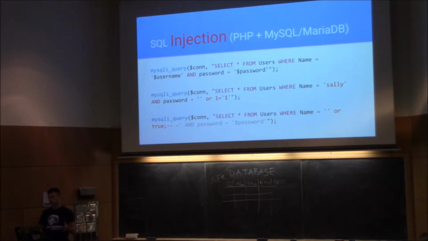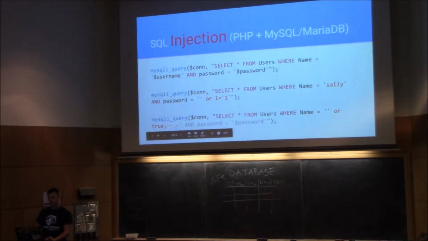The next step is even simpler. If you decide not to insert anything for the name, you could type OR true, or OR 1 equals 1, and you end the MySQL query with a dash dash. The dash dash is basically how you do a single line comment.